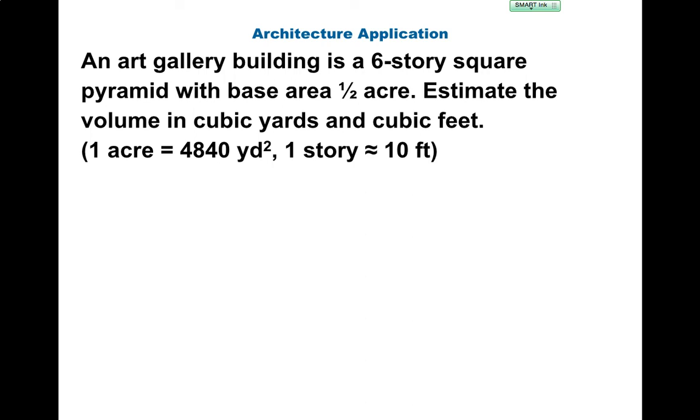All right, let's find the volume. We've got the units the same now. Volume for a pyramid: 1/3 area of the base times height. 1/3, the area of the base was 2420 times the height of 20.